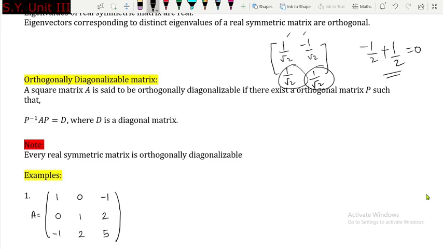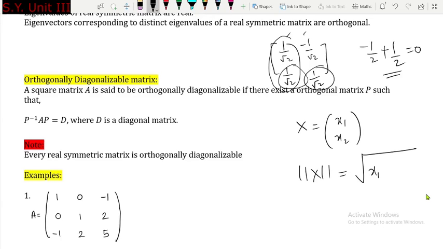And observe one more thing: what is the norm of each vector? What do you mean by norm actually? If your vector is x1, x2, the norm of that is given by the square root of x1 square plus x2 square, right? We already studied it in second year. So here, what will be the norm of the first column?